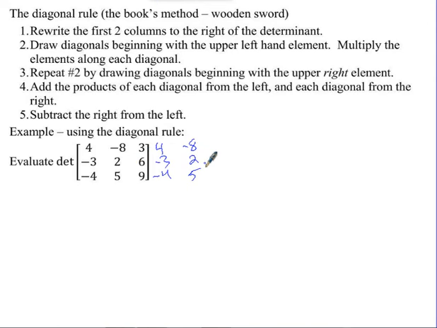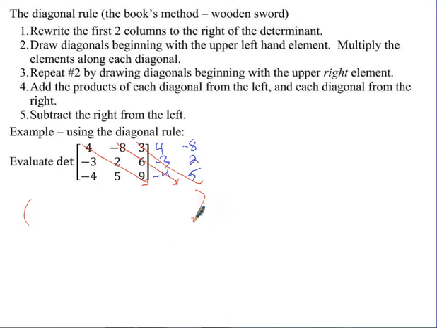What you're going to do is multiply diagonals and then add them together. So you multiply this diagonal, all the numbers there together. Multiply this diagonal, and multiply this diagonal, and then add all those together.